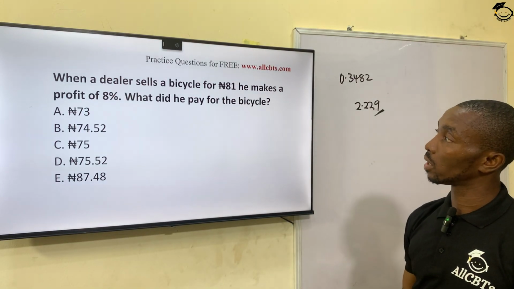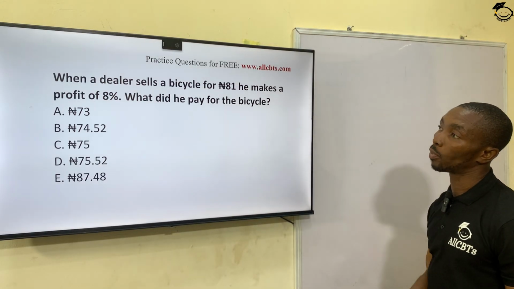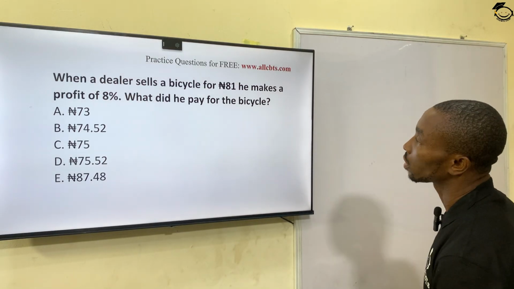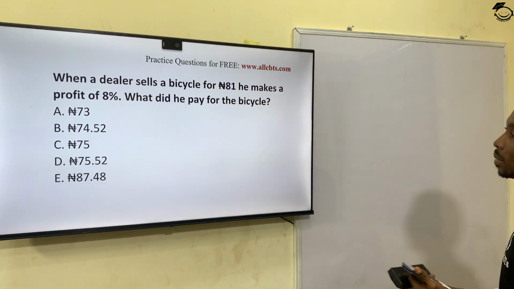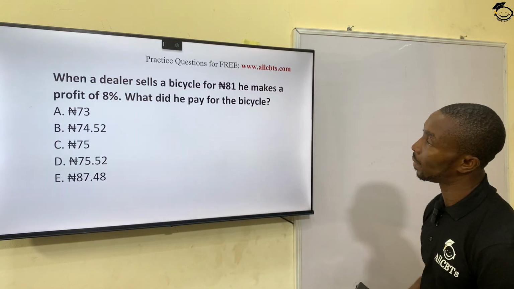When a dealer sells a bicycle for 81 naira, he makes a profit of 8%. What did he pay for the bicycle? That means, in other words, we are asked to find the cost price of the bicycle.